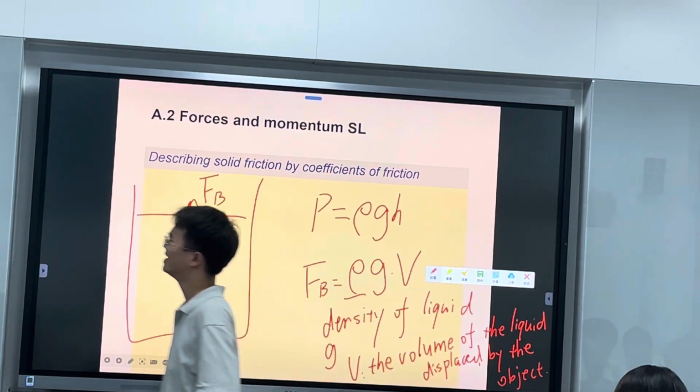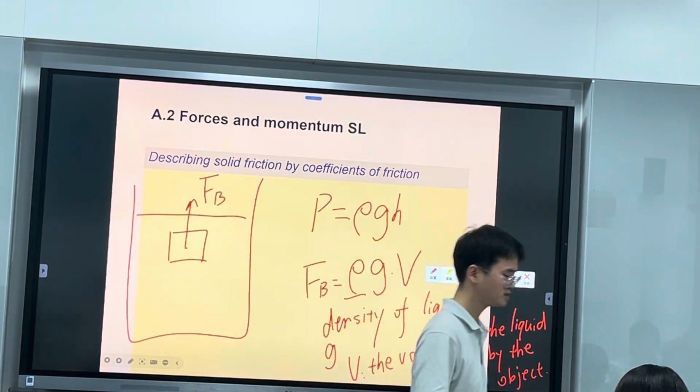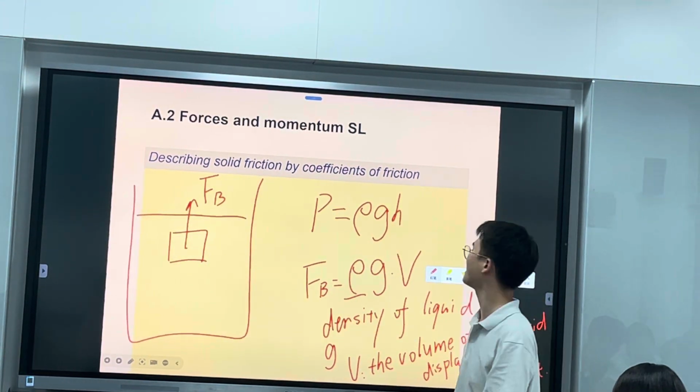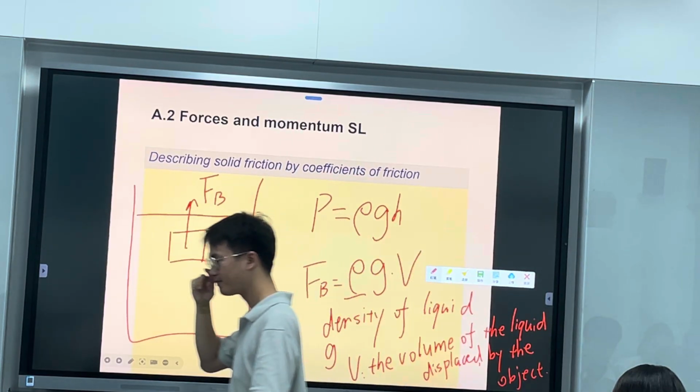That's buoyancy. Did we talk about buoyancy? Okay, I'll give you the formula for now. We will dive into more details later, but for now let's just keep going. Can I erase it? One more minute.